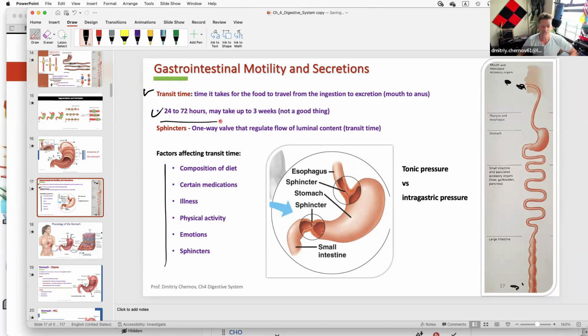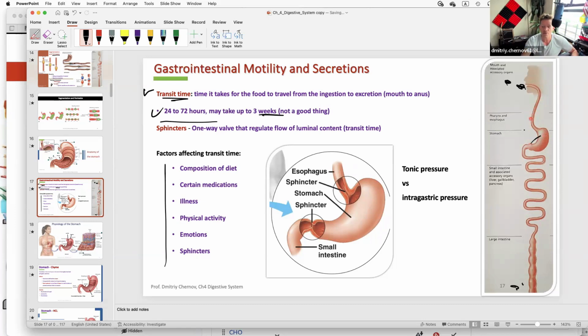Like if you're constipated for 72 hours, you're going to go to hospital, they're going to give you laxative, send you home. 3 weeks, obviously it's a problem, right? Because something somewhere is not moving, it's a hole. So people can lose this transit time if there's a damage, because it's all muscle controlled by the nervous system. If there is damage to the cells of Cajal, right?